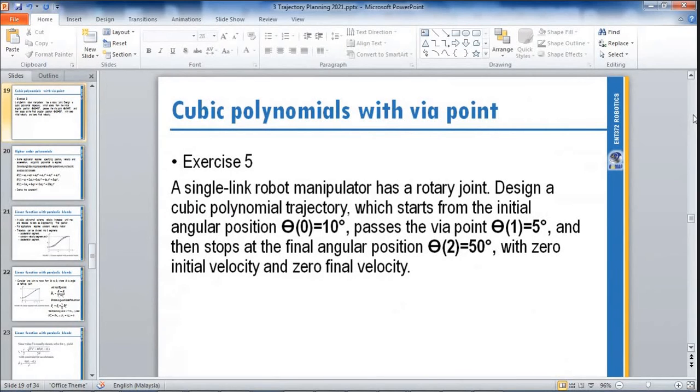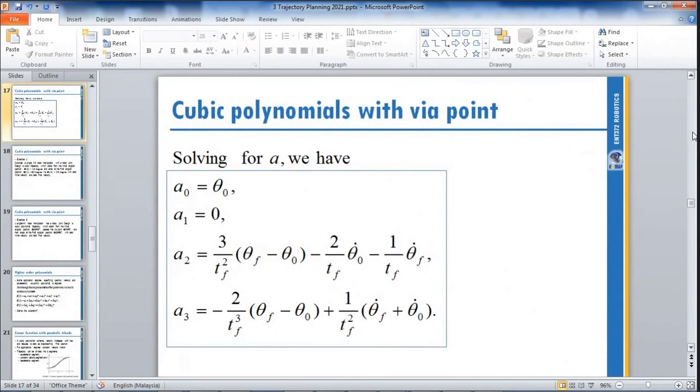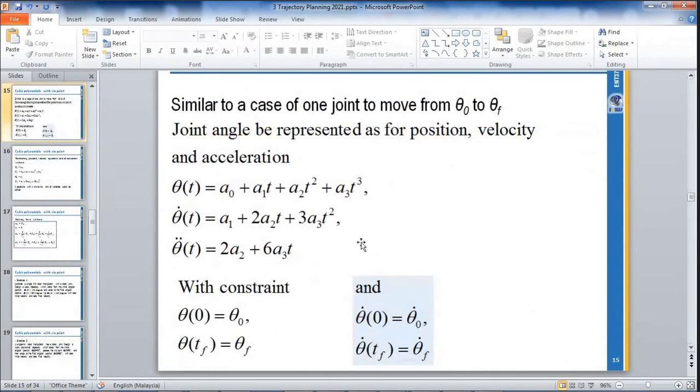For cubic polynomial with via point, maybe I will explain later in the next class session, because I have more examples using cubic polynomial with via point. The important part that you need to understand is the cubic polynomial without via point. First, you need to understand this.